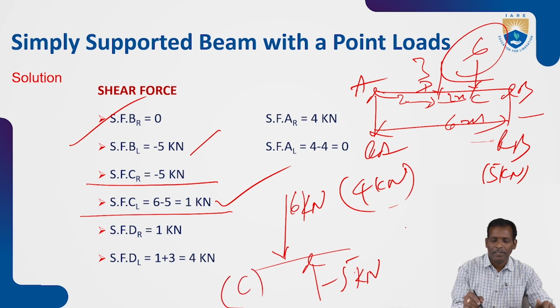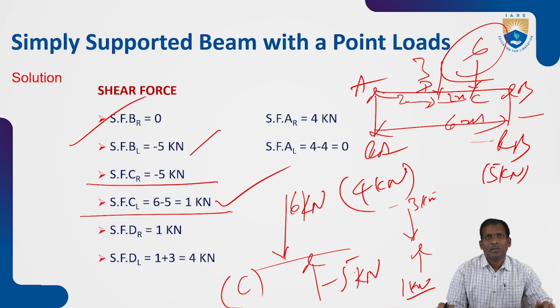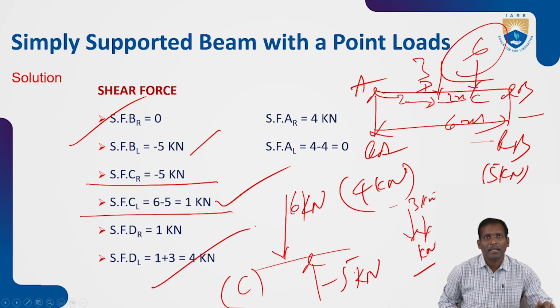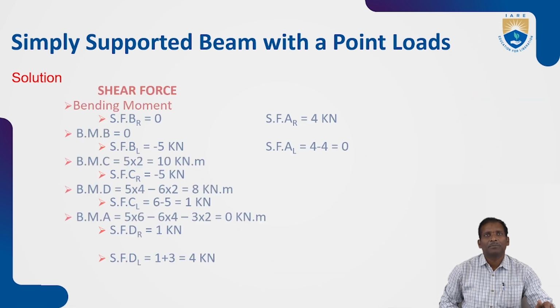At D point, here 3 kilonewton is acting at D plus 1 kilonewton. D right is 6 minus 5, that is downward. So 3 plus 1 kilonewton. So total 4 kilonewtons acting at left side of the D.